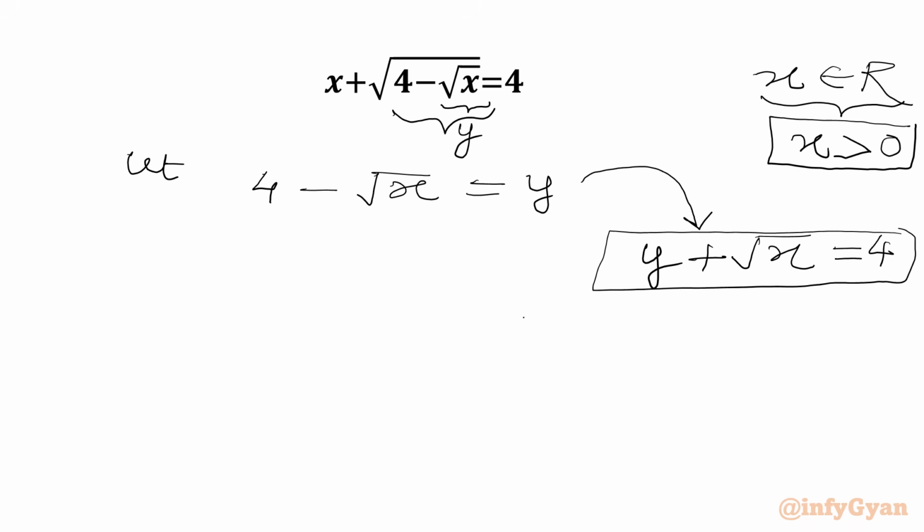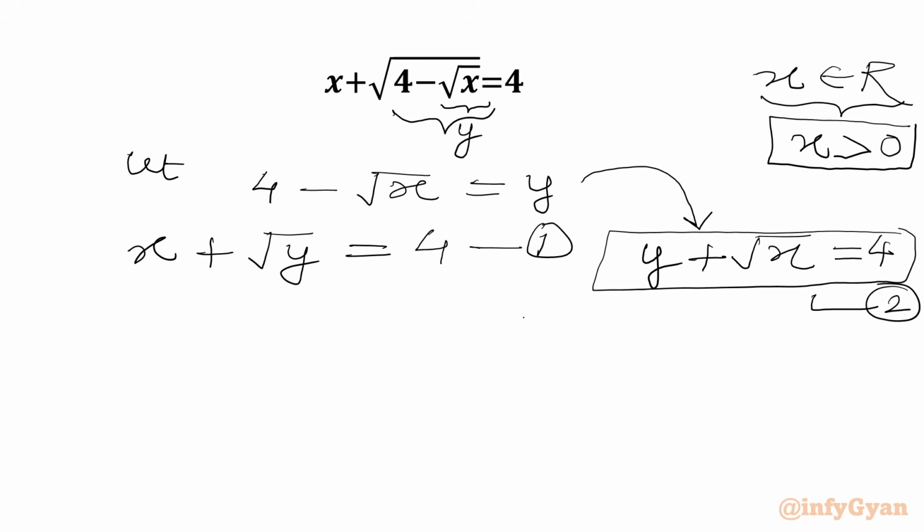I will consider this as equation 2. Now from the original equation I will write x plus square root y equal to 4. Let's say this is the first equation, and here we can write equation 2: y plus square root x equal to 4.